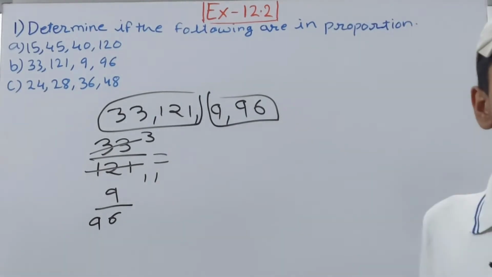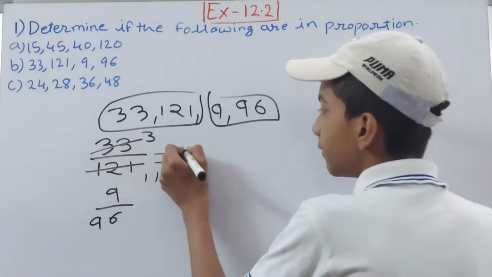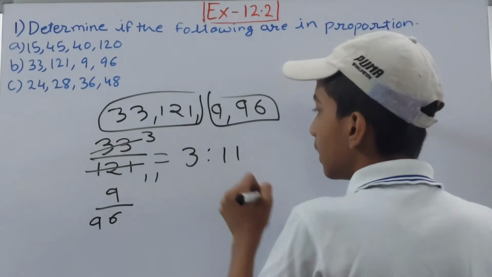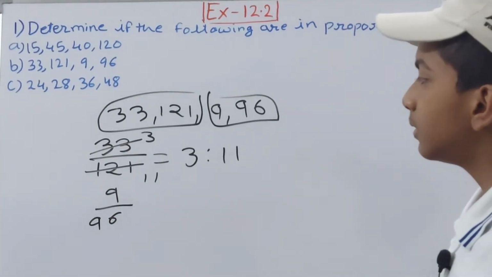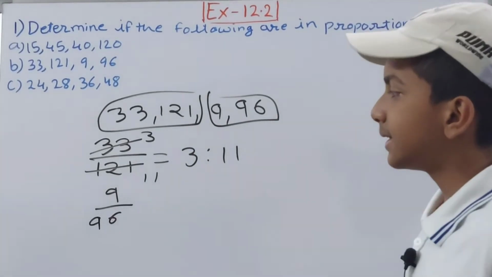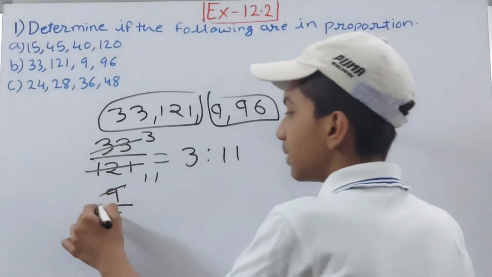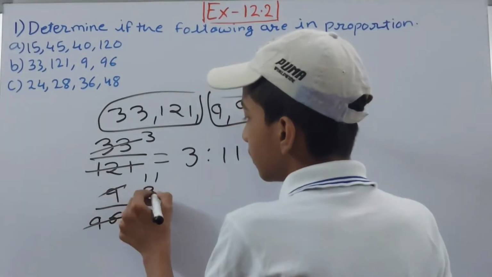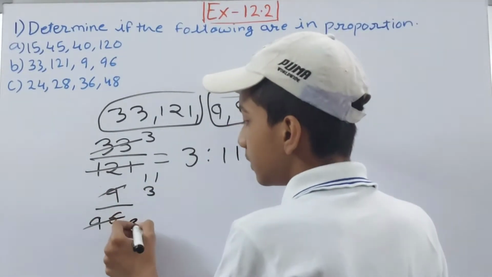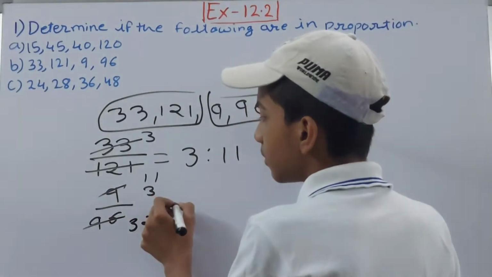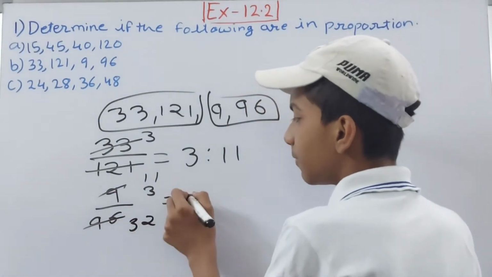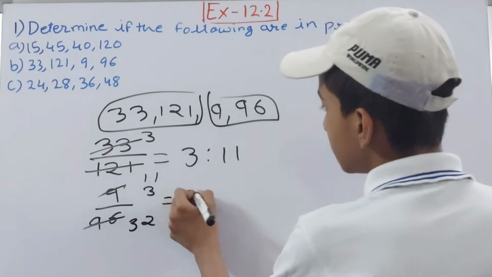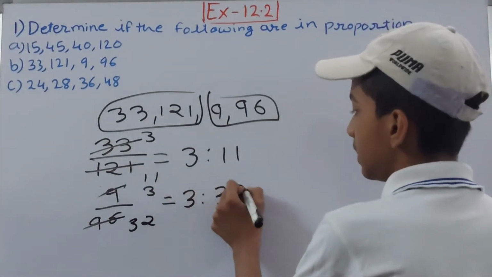So 3, 11, now you cannot simplify further, so that is 3 is to 11. Now this one, 9 upon 96, will be divisible by 3, so 9 goes 3 times and 96 goes 32 times. You cannot simplify any further, so this becomes 3 is to 32.